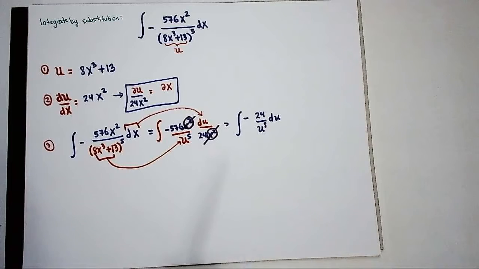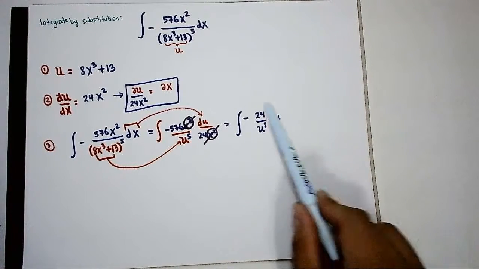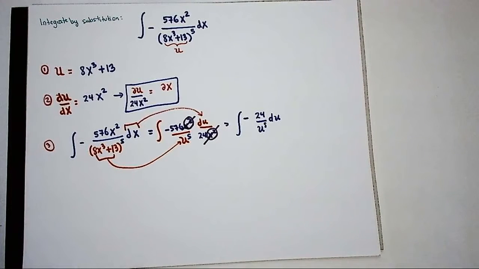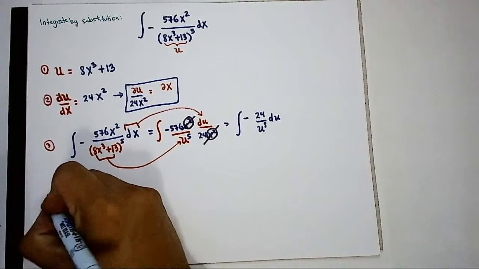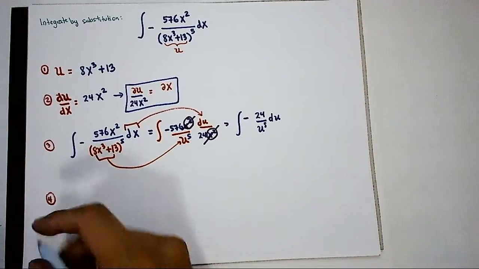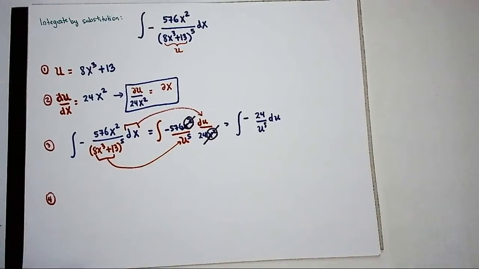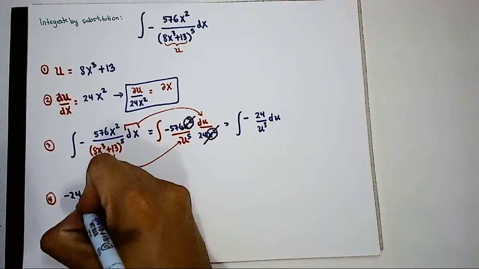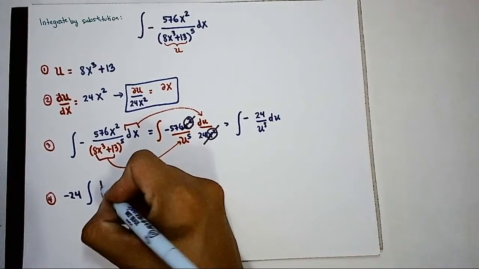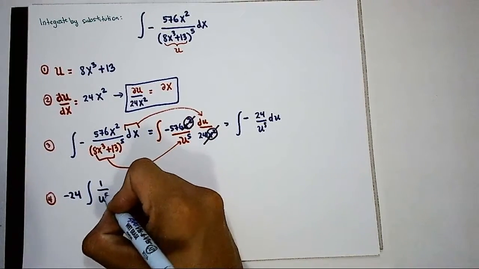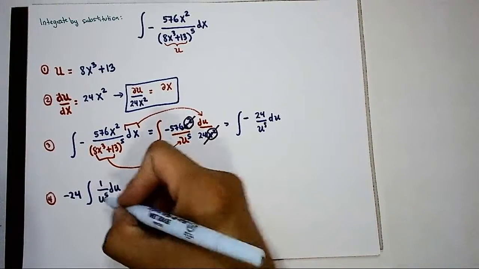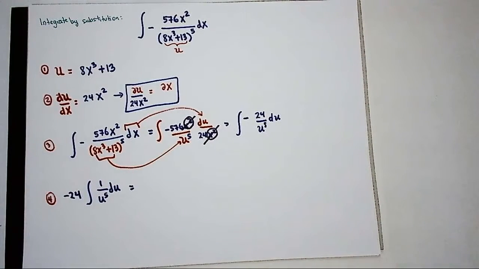Notice that we have now everything in terms of u. There is nothing in terms of x. Therefore, we chose correctly our u. We can move the constants out to integrate.